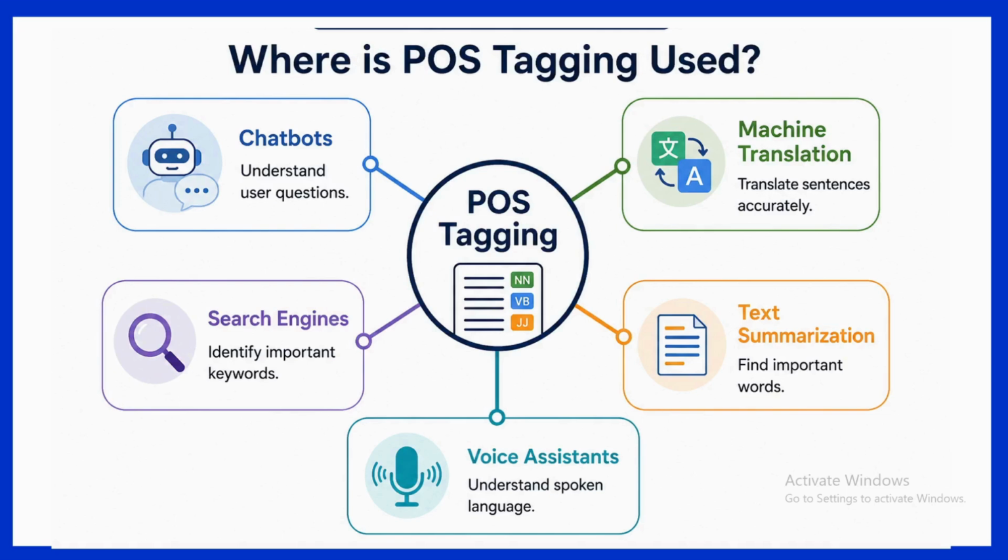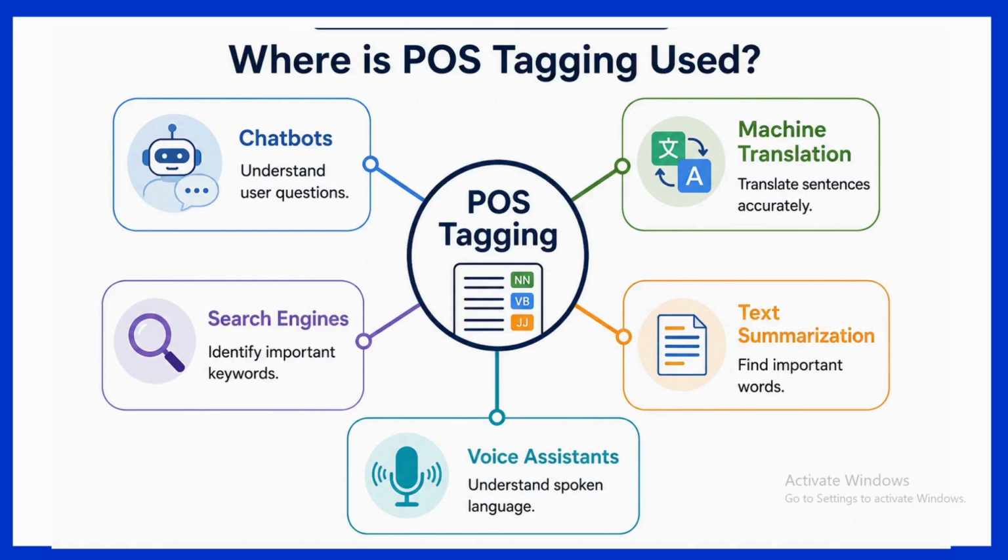Another application is search engines. When we type a search query, POS tagging helps identify the important words so that relevant results can be displayed. POS tagging is also used in text summarization. The system identifies important nouns and verbs to generate a concise summary while preserving the meaning of the original document.